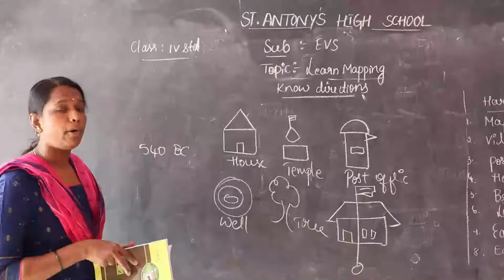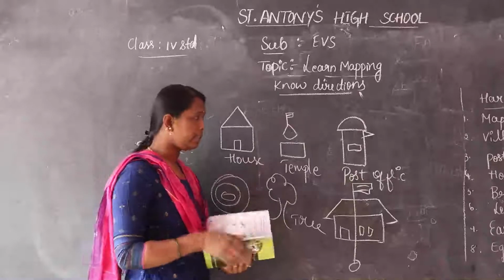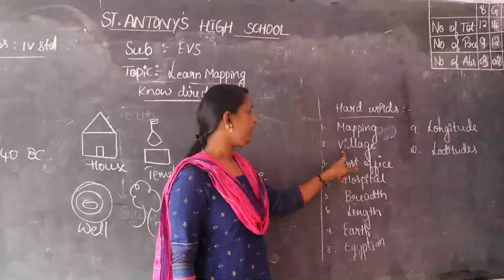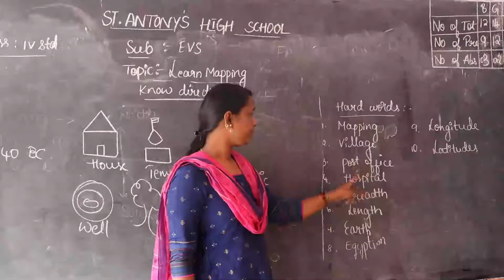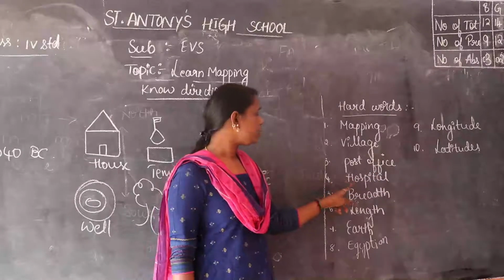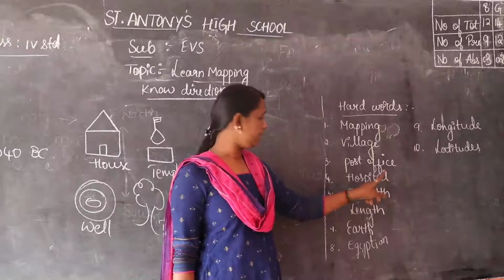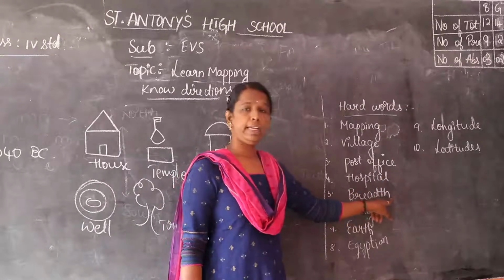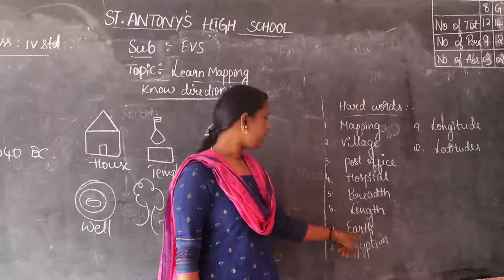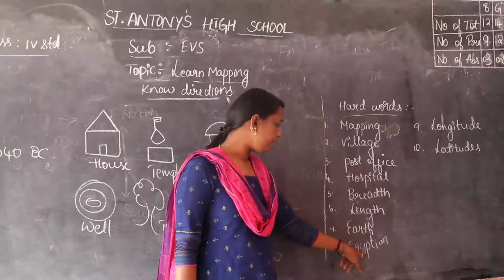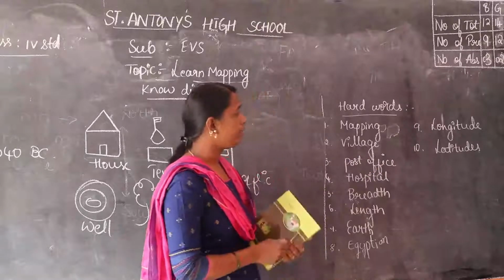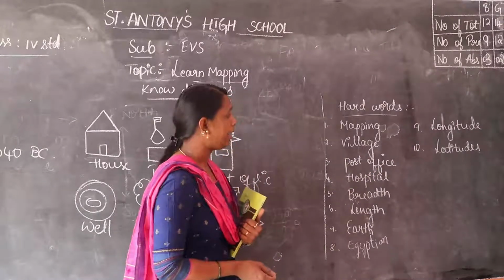Okay, here are some points. Hard words are there: mapping, village, post office, hospital, breadth, length, earth, Egyptian, longitude, latitudes.